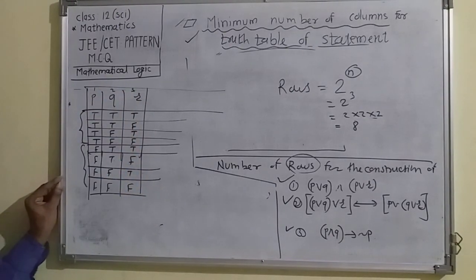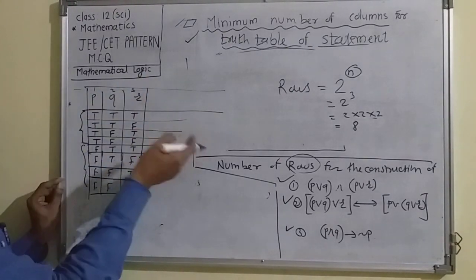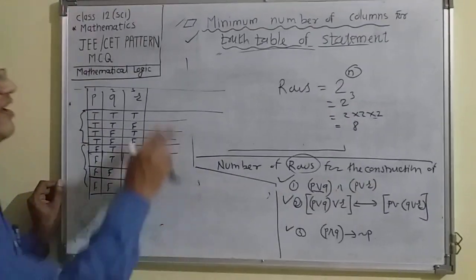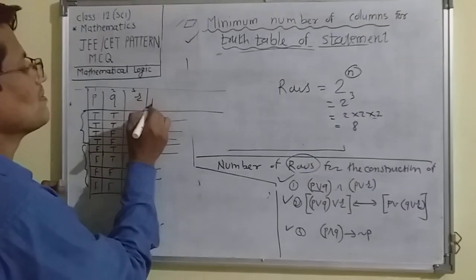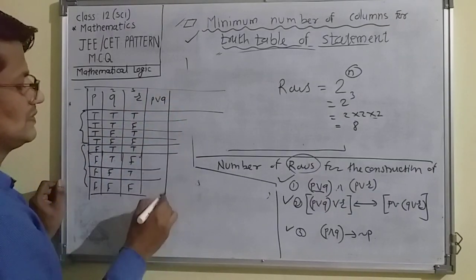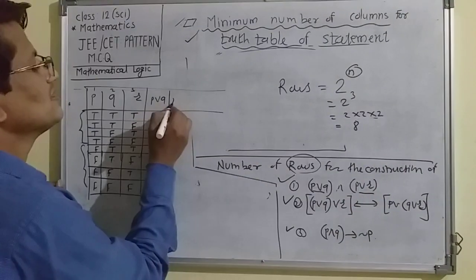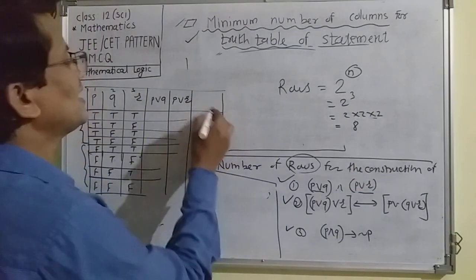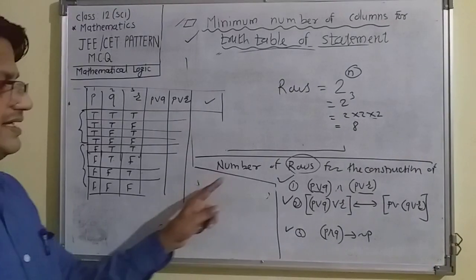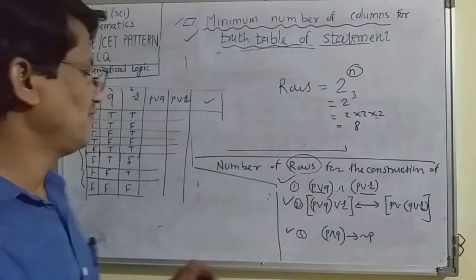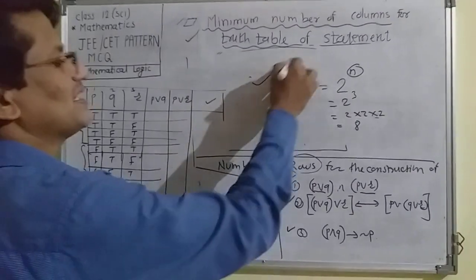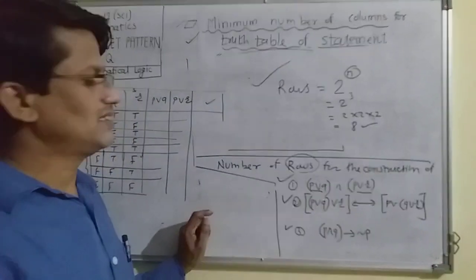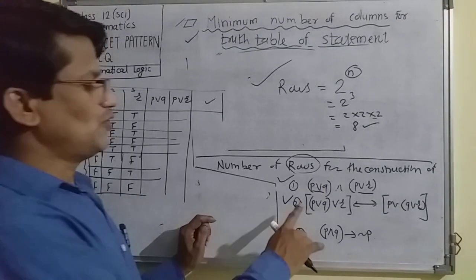These are 3 basic vertical columns. After this, the other vertical columns can be found: the column for this, then the column for this, then by combining these we get this column also. So the question is how many rows? We are discussing that the number of rows is calculated by this, and our answer is that the number of rows is 8. The same technique is used for question number second.